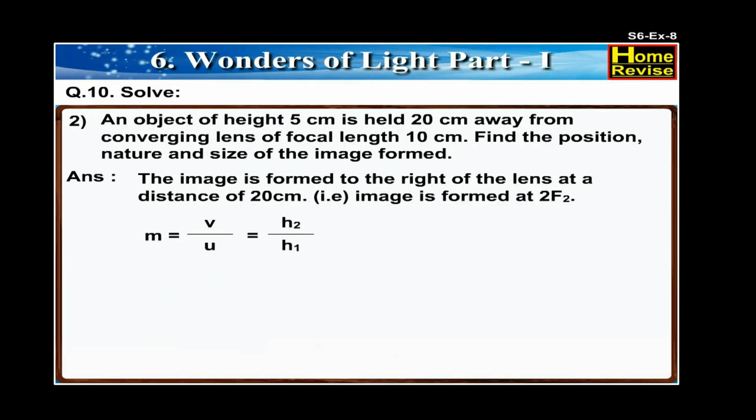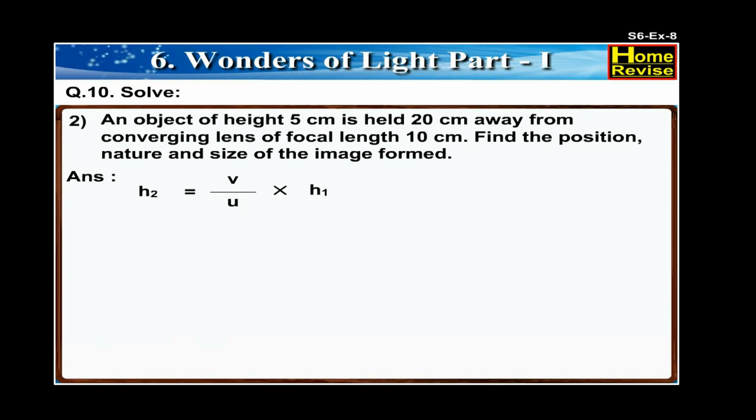Second, magnification M is equal to V upon U is equal to H2 upon H1. So, H2 upon H1 is equal to V upon U. Therefore, H2 is equal to V upon U into H1. Therefore, substituting the values, H2 is equal to 20 upon minus 20 into 5.